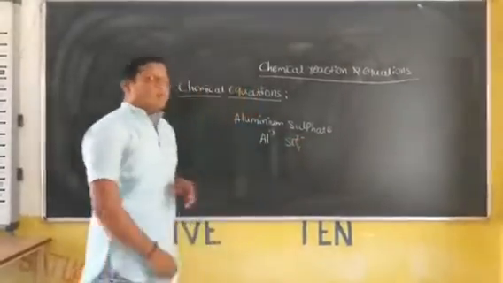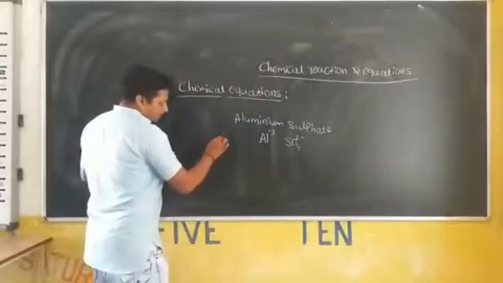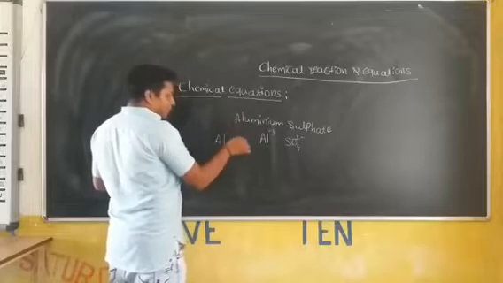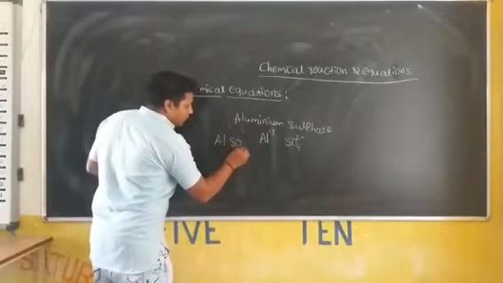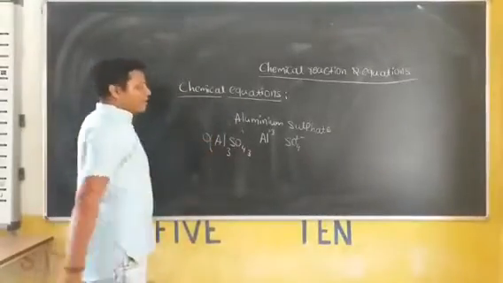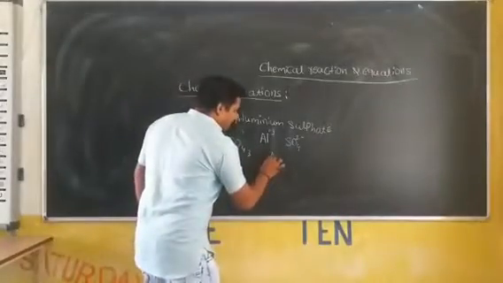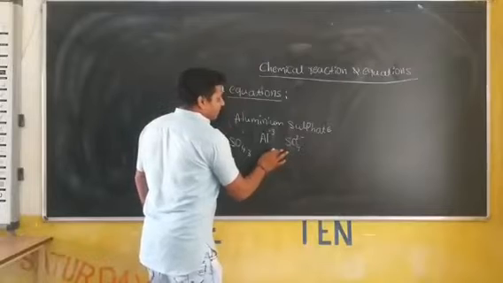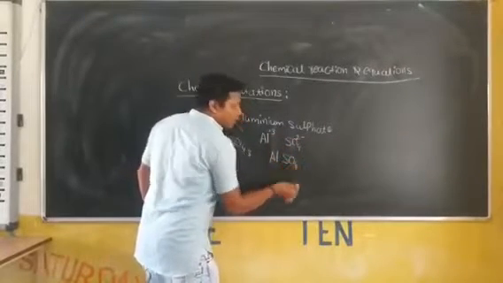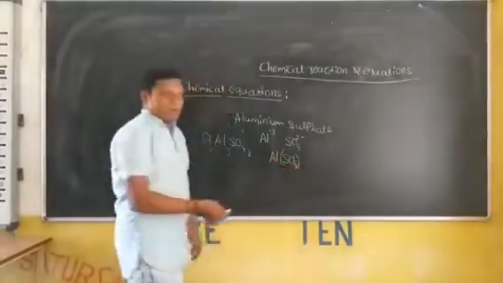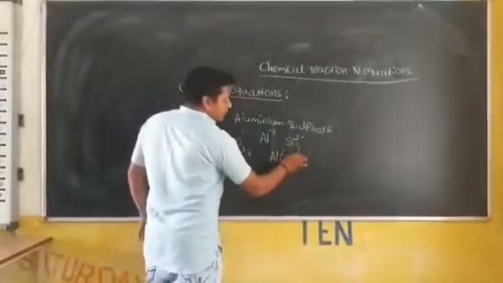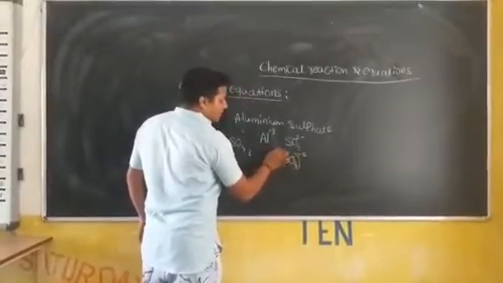Some of your friends converted this to a formula as SO4 like this. This one is completely wrong. While writing, first write Al with valence plus 3, and then write SO4, taking a bracket for it, then write minus 2 and plus 3.